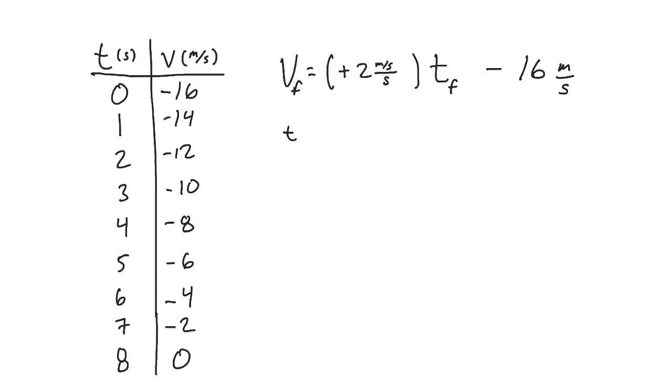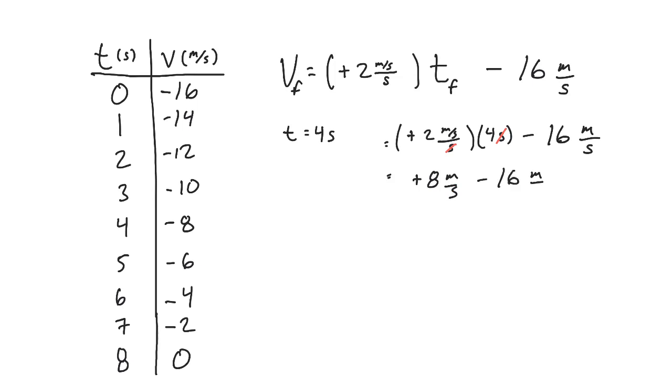We could apply it, see if it works. So when we have a final clock reading of 4 seconds, let's see if it works. So we plug in and we'd get plus 2 meters per second for every 1 second, multiplied by 4 seconds of time, minus off our initial velocity of 16 meters per second, do some unit cancellations, and keep going through the math, and we'd get plus 8 meters per second, minus 16 meters per second.